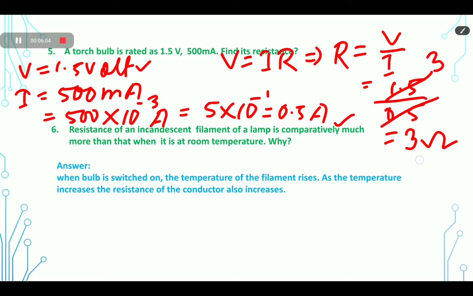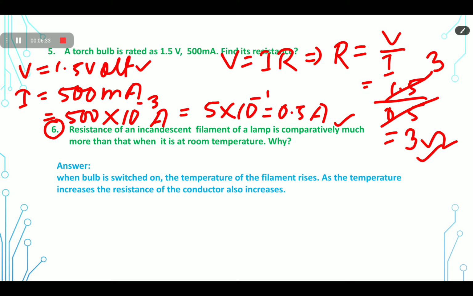This is the answer. Now the next question is, the resistance of an incandescent filament of a lamp is comparatively much more than when it is at room temperature. Why? Very simple: when we switch on the bulb, the temperature of the filament rises, and we know that as the temperature increases, the resistance of the conductor also increases.